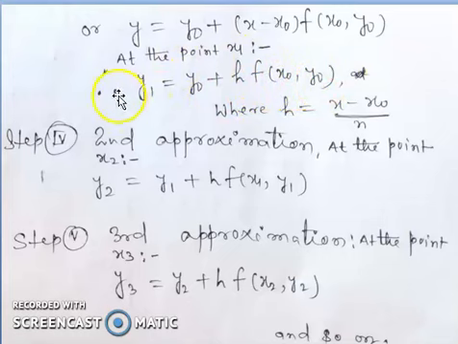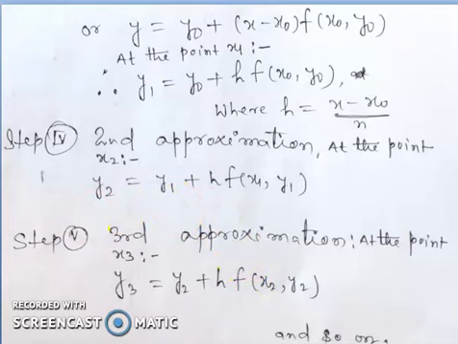Similarly, the second approximation formula is y2 equal to y1 plus h of f of x1, y1. And the third approximation formula is y3 equal to y2 plus h of f of x2, y2, and so on.